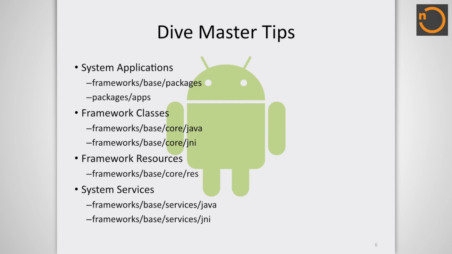Most of the system services available to applications follow a common implementation pattern as well. The classes that are accessible to the application, such as PackageManager or NotificationManager, are typically found somewhere in frameworks/base/core and are very thin wrappers around method calls to a single service object that's running in a remote process.